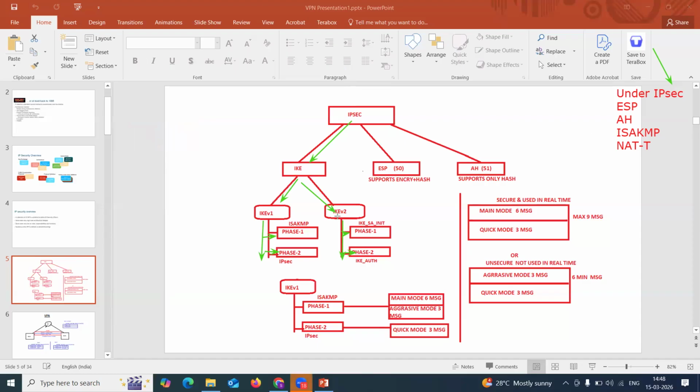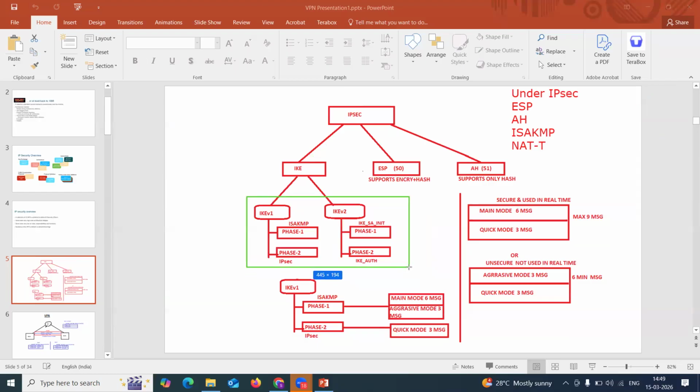Now, understand here, IKE v2 also has phase 1. The name is IKE SA init, and phase 2 is named IKE auth. Keep these things in mind about IKE v1 and IKE v2. There is a common part between them: IKE v1 has two phases, and IKE v2 also has two phases.